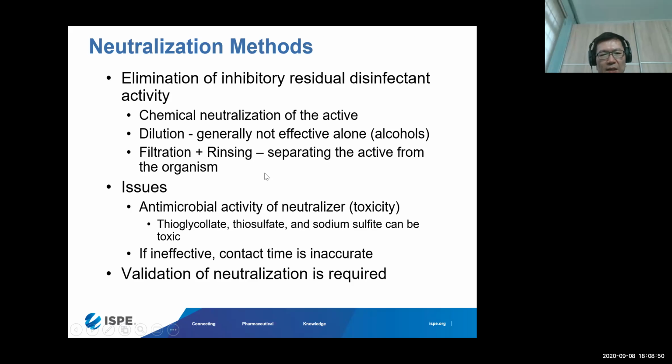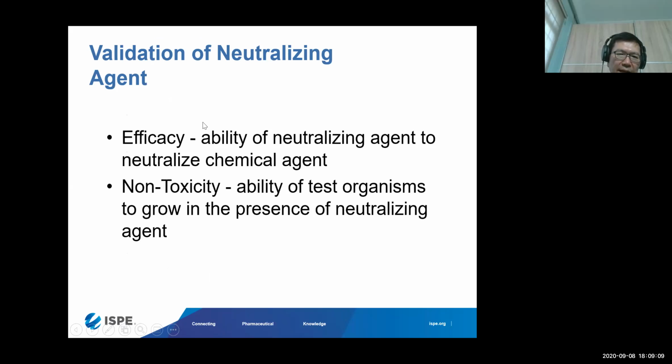When you use the chemical neutralizer, you need to perform the neutralizer validation as well. Make sure that it is not toxic to the microorganisms. Typically the validation is required. These are the validations done for the neutralizing agent. You need to check the efficacy, so make sure that it is able to neutralize the chemical agent. You do this by adding the neutralizing agent to the test disinfectant, and then you introduce the microorganism.